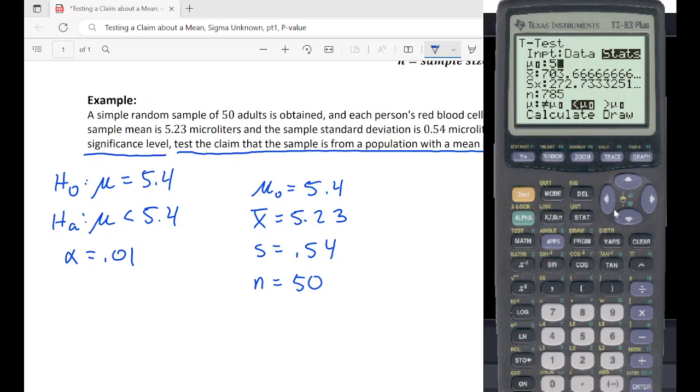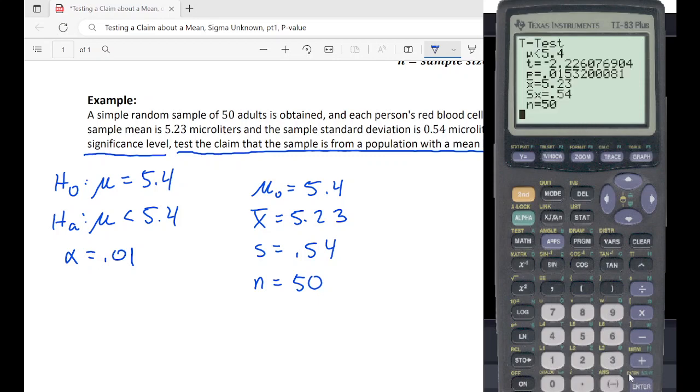I forgot the point, 0.4. Then our x bar is 5.23. Our S is going to be 0.54. And our sample size N is 50. We make sure that our alternative is selected here, which is less than, and it's already selected, so we're good. Go down to Calculate.